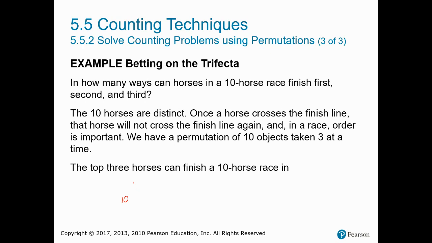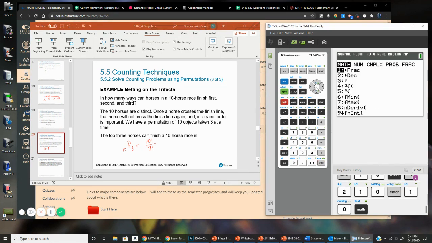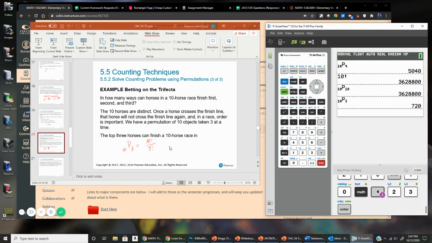So it's 10 permute 3, which would be 10 factorial over 7 factorial, because I just have the 3 spots and I have 7 left over. And you can put it in the calculator either way you want, but you don't ever have to write this one if you just do the calculator this way. 10 permute 3 is 720.